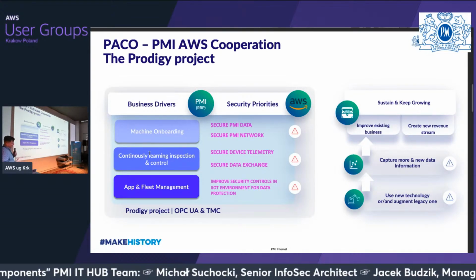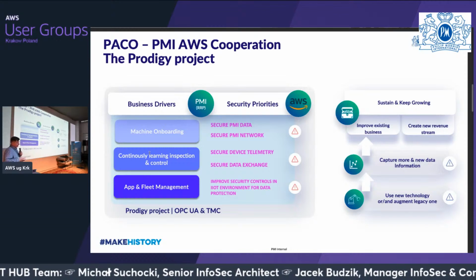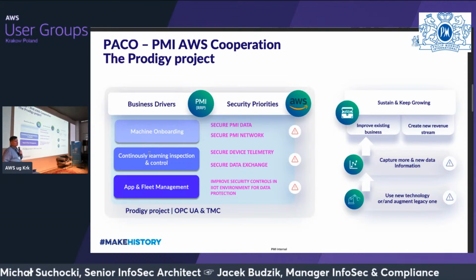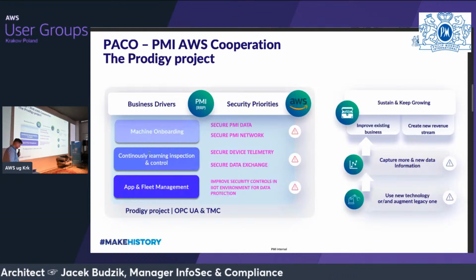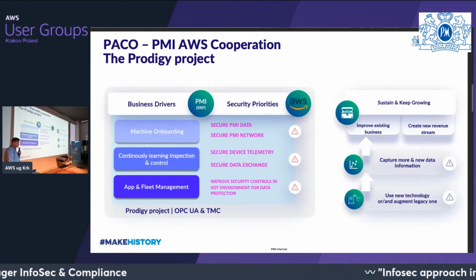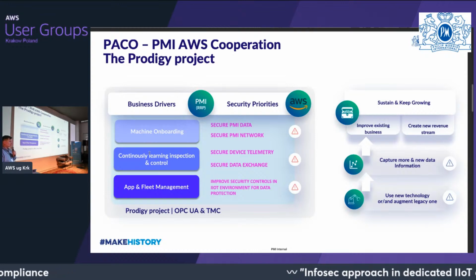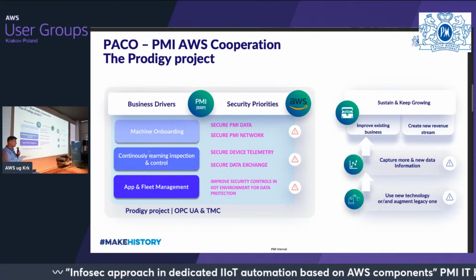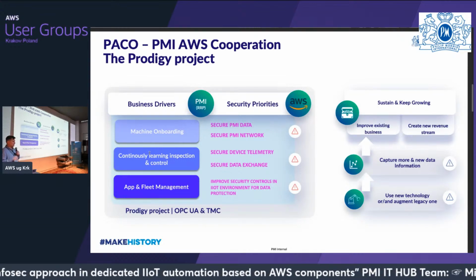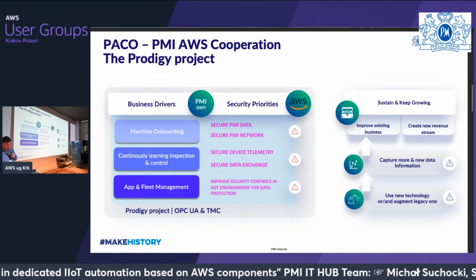OPC helps to properly exchange data between different machinery on the floor, in the factory. And TMC we can use as a kind of vocabulary: what names, what parameters we should use and standardize, especially for the tobacco industry.